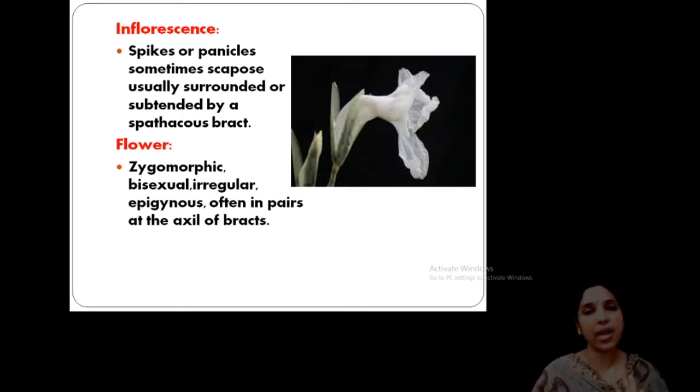The flowers are bisexual, irregular, epigynous, that is, inferior ovary, and often in pairs at the axil of the bract. So flowers are zygomorphic, epigynous and present in the axil of the bracts. Clear? So that's important.